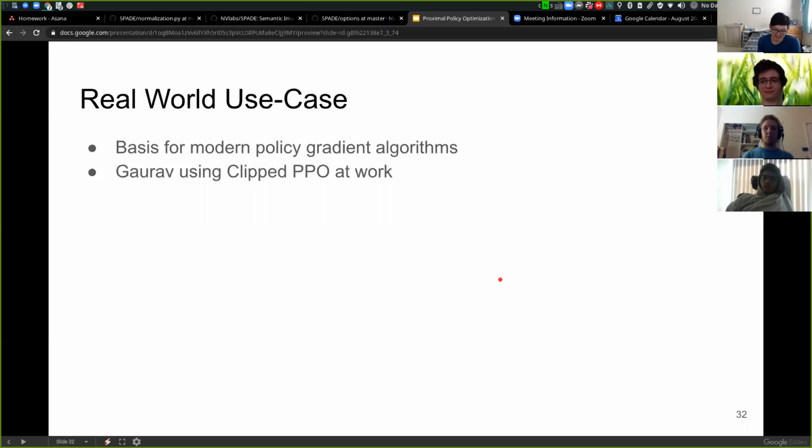Cool. Any questions on that? How did it perform? Why did you guys decide on clipped PPO? Clipped PPO was not our decision. It was more the code that was given to us. It performs well when the target is stationary. For example, if you have your robot stationary, then it performs decently well.